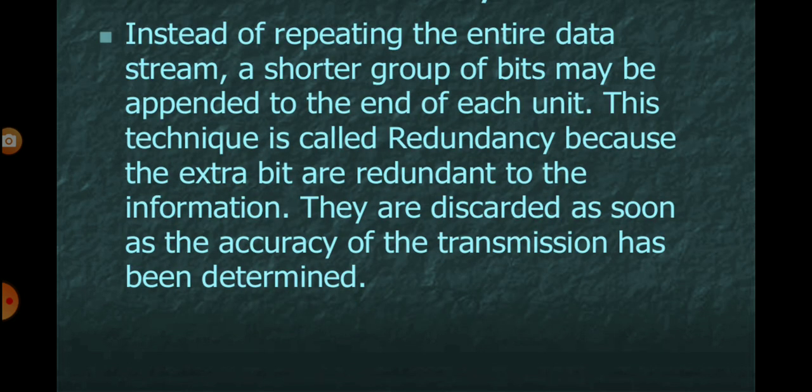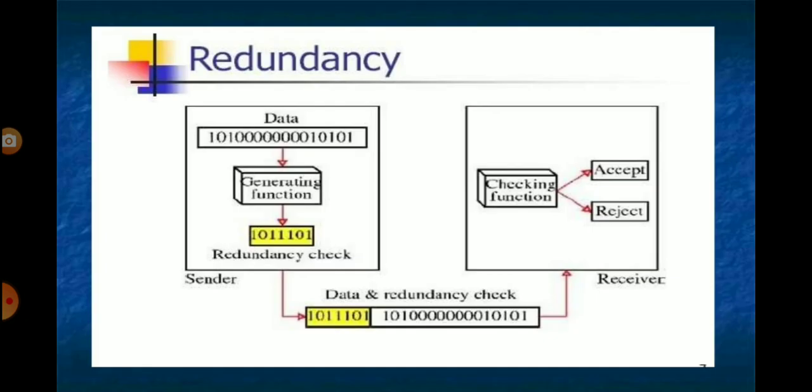Instead of repeating the entire data stream, a shorter group of bits may be appended to the end of each unit. This technique is called redundancy because the extra bits are redundant to the information. They are discarded as soon as the accuracy of the transmission has been determined.